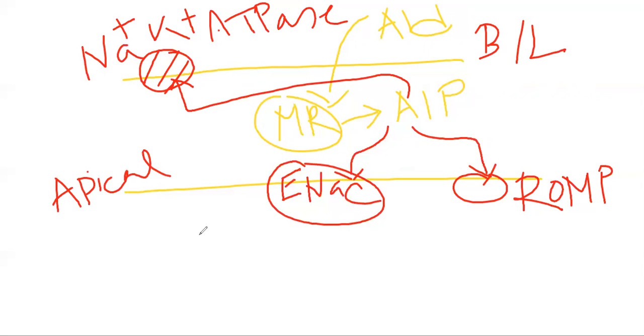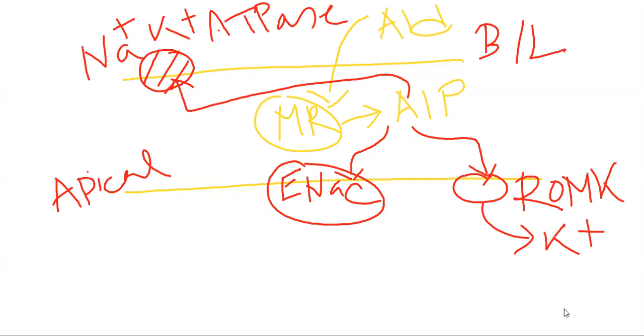the ROMK channel. Here it is the ROMK channel. Now the ROMK channel helps to increase secretion of the potassium ion into the tubular lumen.